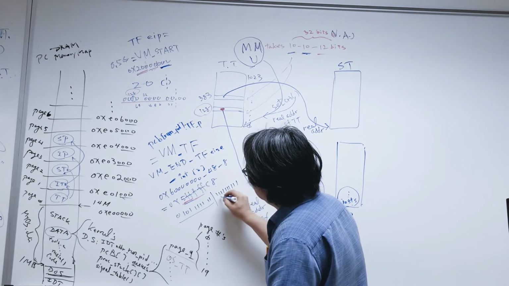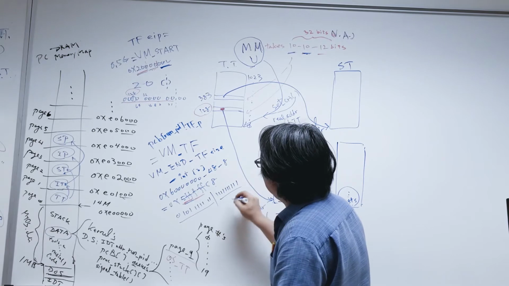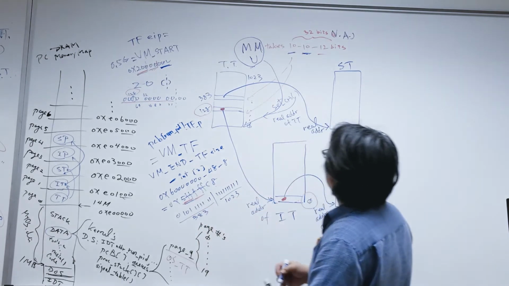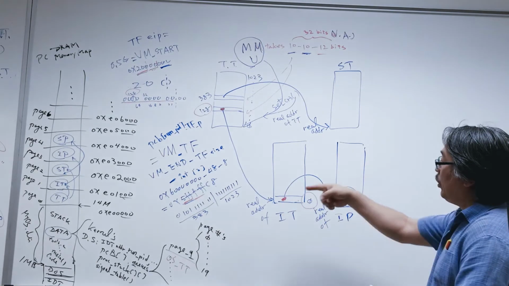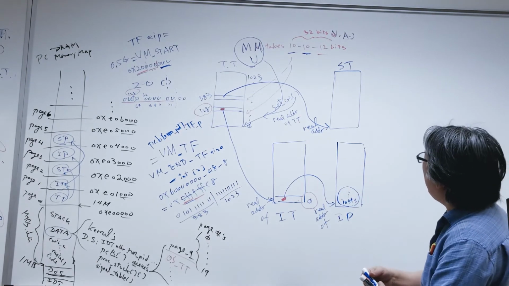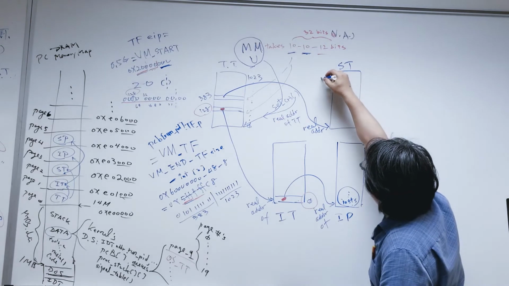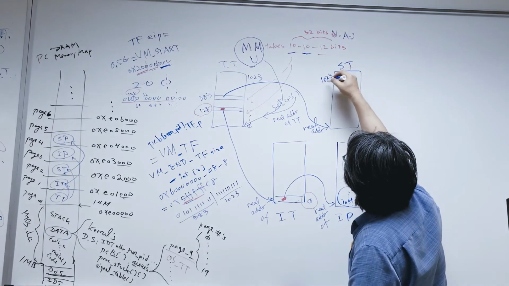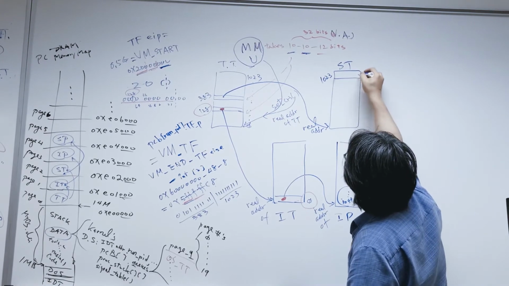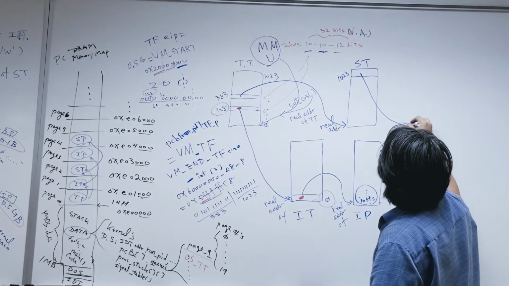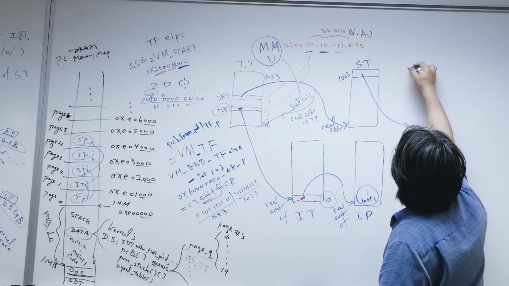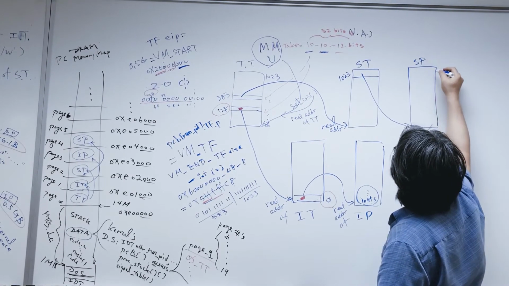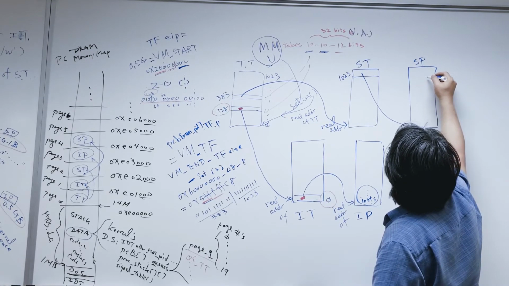Alright, so the second 10 bits are 1023, the first 10 are 3A3. 1023 means that the MMU will use that as the entry number to find the stack page from the stack table. Entry 1023 in the stack table will have the first byte location of a 4K byte page, and that is designated to be used as the stack page.